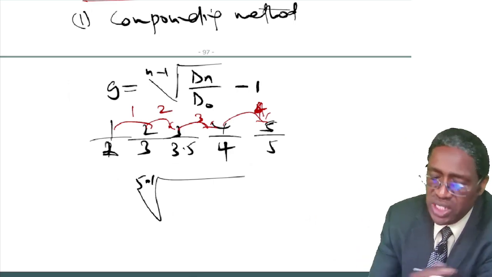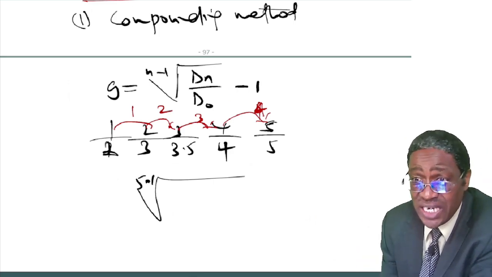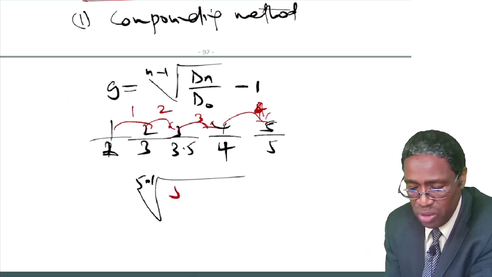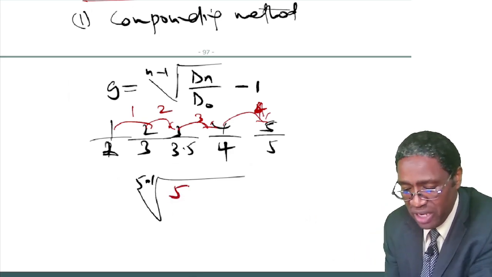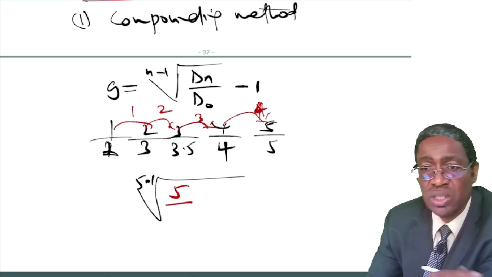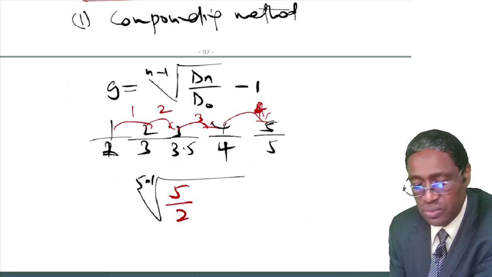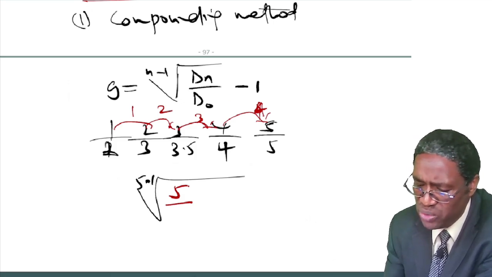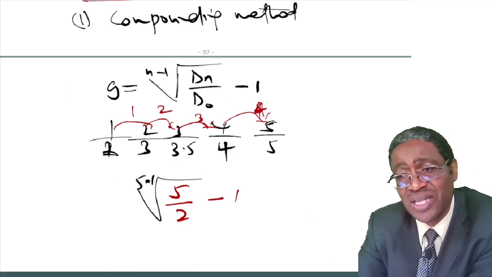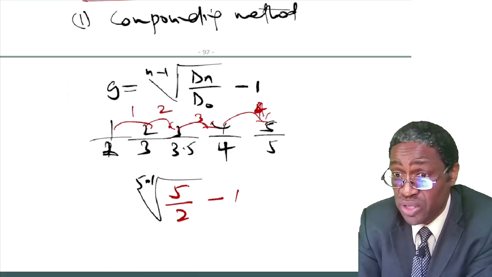Good. Then we take our DN, the latest dividend, which in this case is 5. You divide by the first dividend D0, which in our case is 2. Then whatever answer you get, you minus 1. That's how you determine the growth rate.